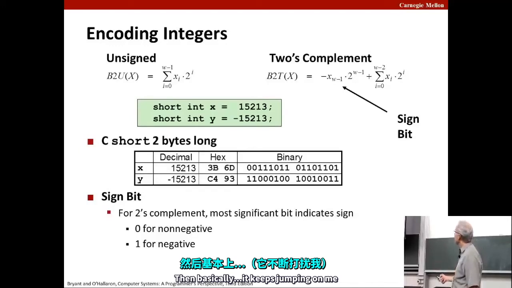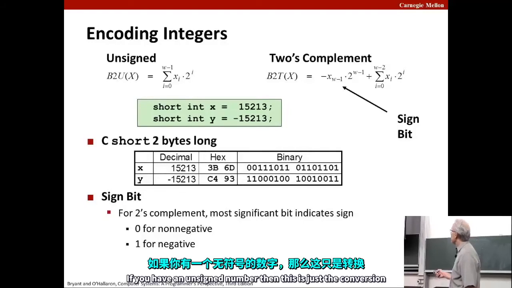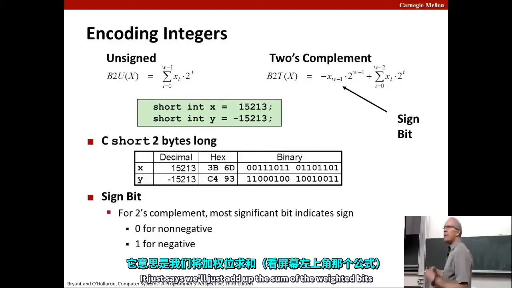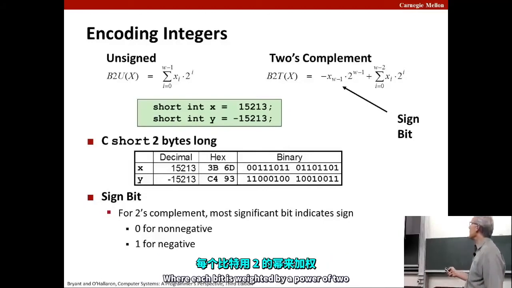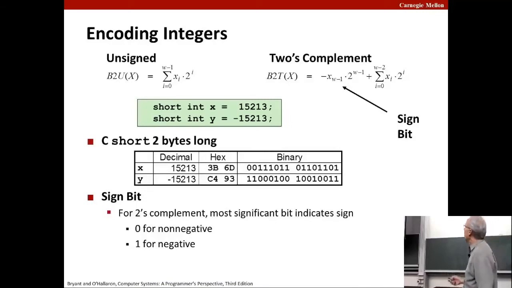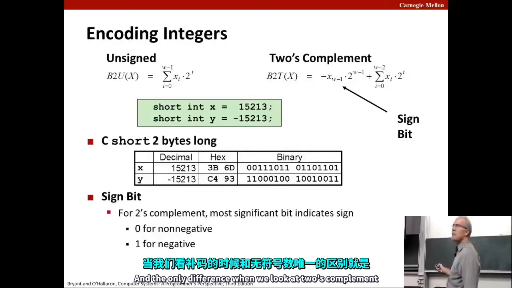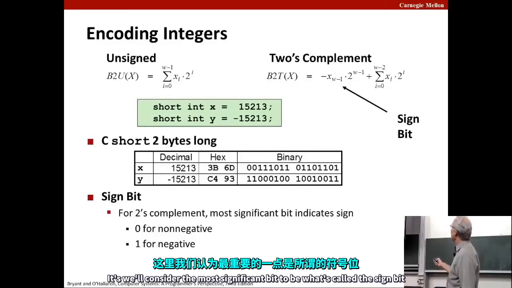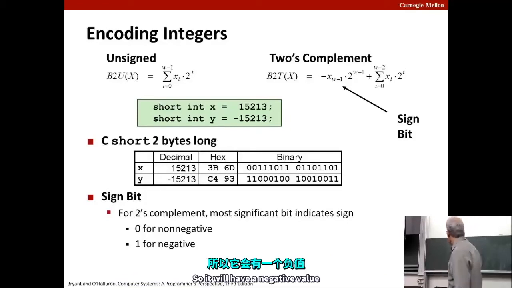If you have an unsigned number, then this is the conversion. B2U means from a bit-level representation to an unsigned number of some bit pattern. It just says we add up a sum of the weighted bits, where each bit is weighted by a power of 2. The only difference when we look at 2's complement, which is a way to represent both negative and positive numbers, is that we consider the most significant bit to be what's called the sign bit, so it will have a negative value.